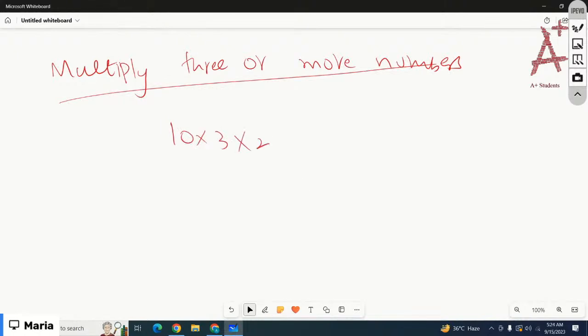There are three numbers. You can make a group of two numbers. You can do 10 times 3 first. 10 times 3 makes 30. Now again you are left with two numbers, so you can just multiply them. 2 times 3 is 6 and you have to add a 0, so it would be 60.